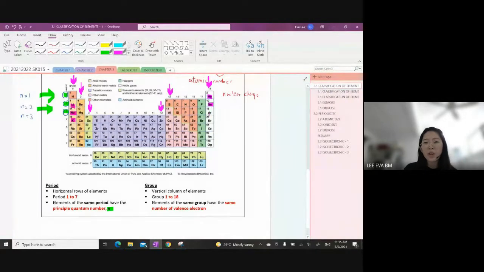Helium, neon, or argon have 8 valence electrons, besides helium. Helium only has 2 valence electrons. Neon, argon, krypton, xenon all have 8 valence electrons, indicating they are from group 18. If you have 3 valence electrons, for example boron, aluminium, gallium, they are from group 13. So please remember, horizontal for period, vertical for group.